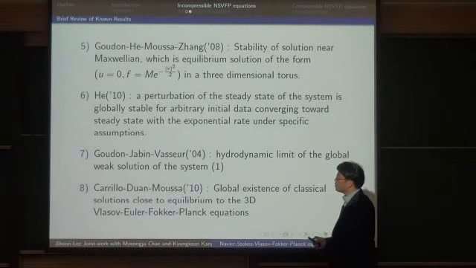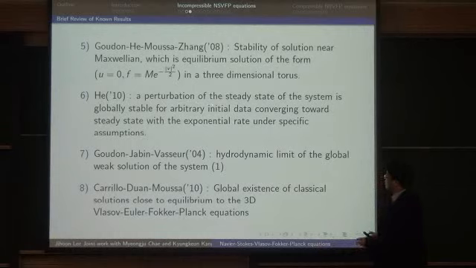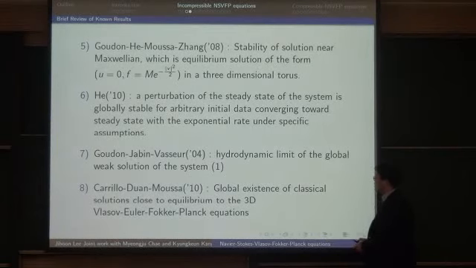And also in 2010, it was proved that the perturbation of the steady state of the system is globally stable for arbitrary initial data. And also Goudon, Jabin and Vasseur in 2004 considered some hydrodynamic limit of the global weak solutions. And also in 2010, Carrillo, Duan, Moussa considered global existence of classical solutions close to the equilibrium for the three-dimensional Vlasov-Euler-Fokker-Planck equations.